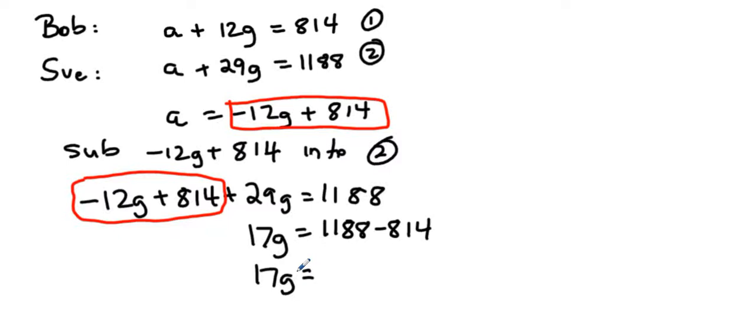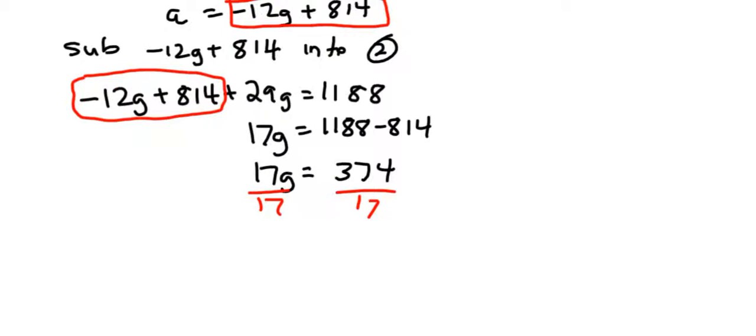And I'm not trusting myself today, so I'm going to just do it on my calculator. 374. I'm going to divide both sides through by that 17, and 374 divided by 17. Fingers crossed that it works out to a nice number, although in this case G represented the green fee. It could have been a decimal answer.